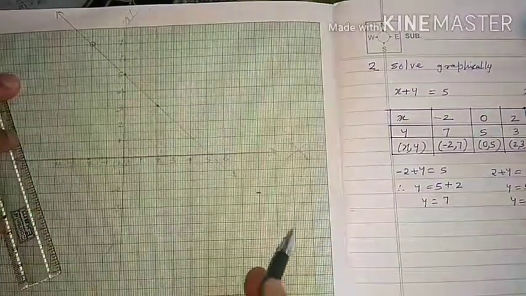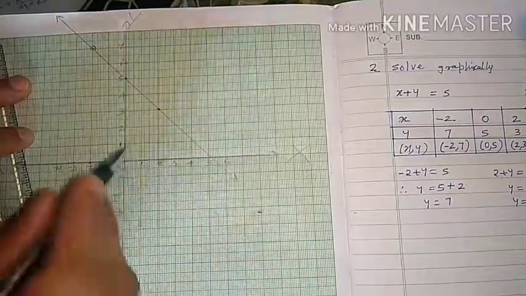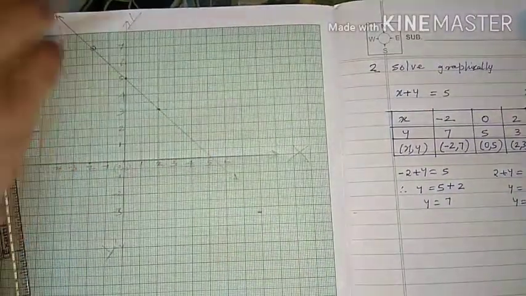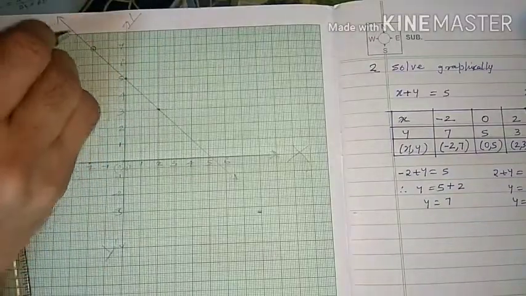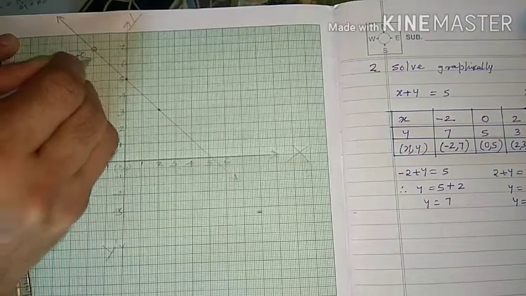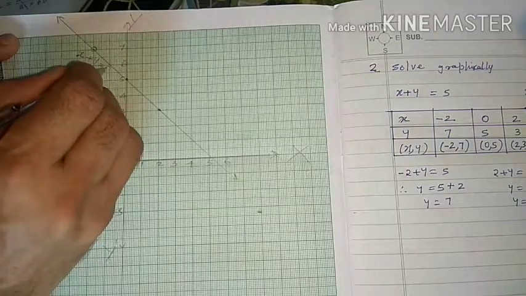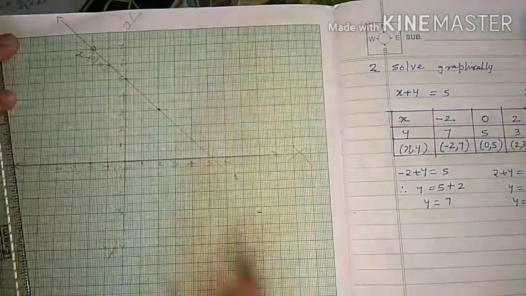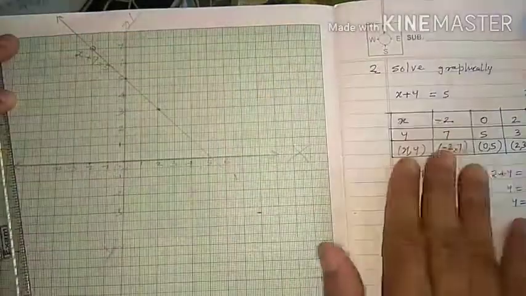And this line's equation we have to write here itself. I write with a pen now, but actually you are supposed to use only pencil. This is x plus y equal to 5. That is the first straight line, everything is over.